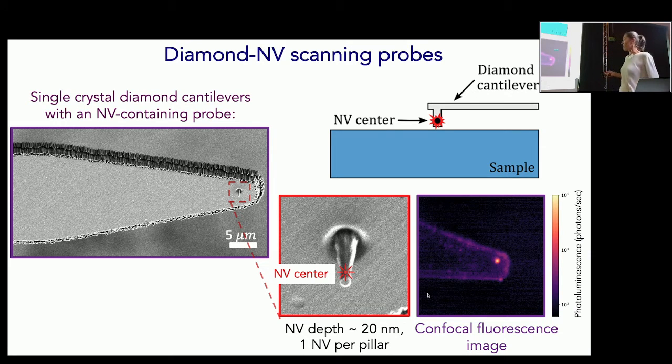If we take a confocal image of one of these cantilevers, you can see here as we scan the laser, we see enhanced fluorescence coming from the NV center. Just to give you a sense of the scale, we get about 100,000 photons per second from such an NV center. Okay, so as I mentioned, I'm going to tell you about imaging electron flow in monolayer graphene.